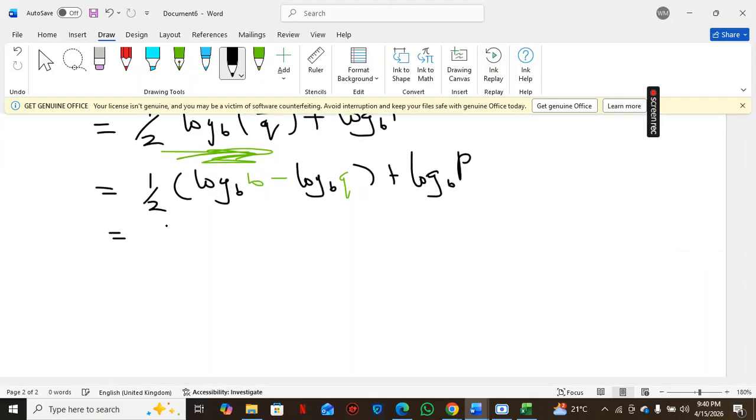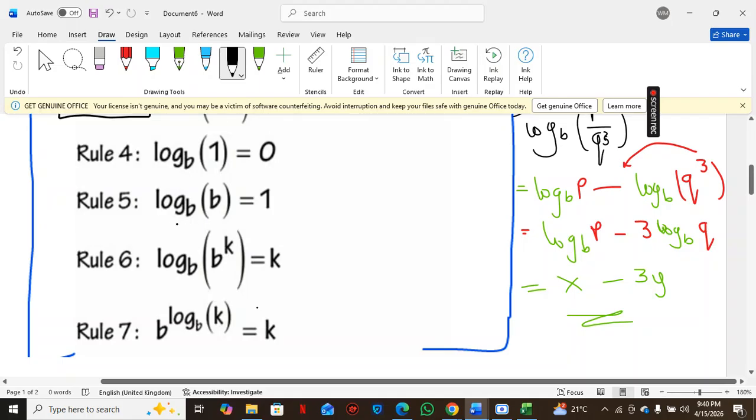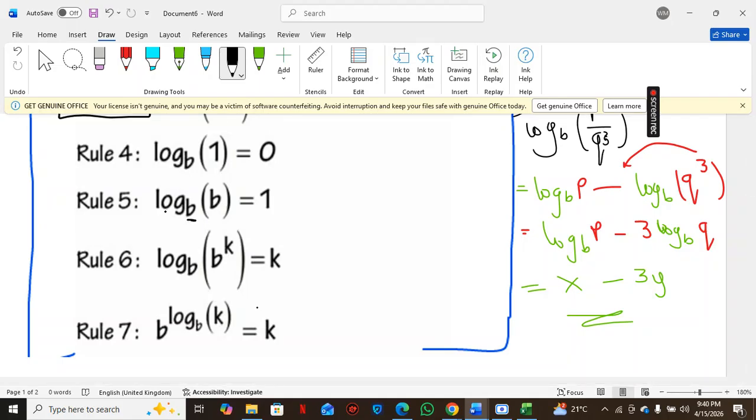Then have you seen this log base b of b? Here's another law. If you see a logarithm like this, log base b of b, it equals 1. For example, using numbers, log base 5 of 5 just equals 1. We're applying this rule, rule number 5.